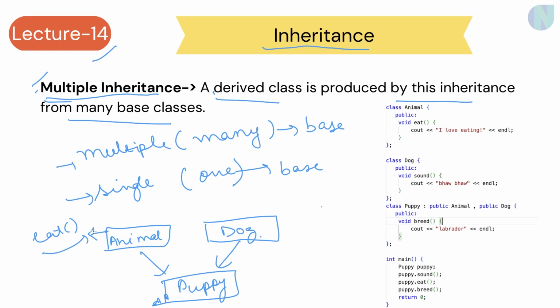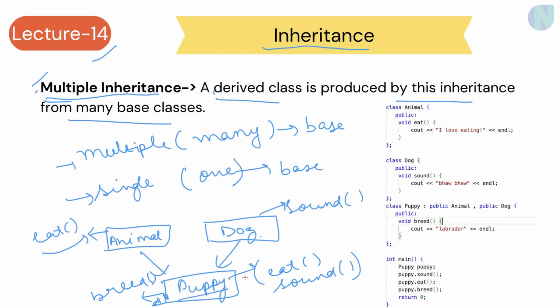Every animal eats, so this is a generic property. Now coming to dog, consider that dog has a property called sound. Since puppy is deriving properties from animal and dog, it would have eat and sound as properties, since it is deriving from both base classes. Puppy additionally has a property called breed. So now puppy can access eat, sound and breed, all three of them.